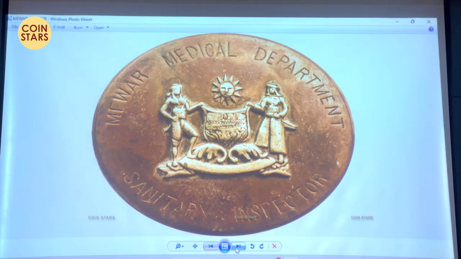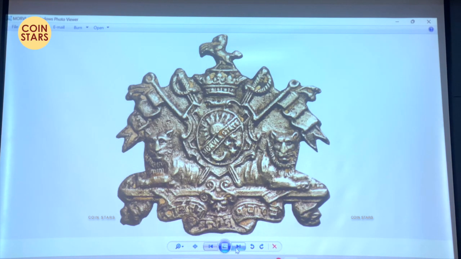Next. This is Morvi state in Gujarat. Two lions here and a flag on both sides. Next.